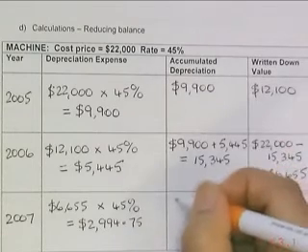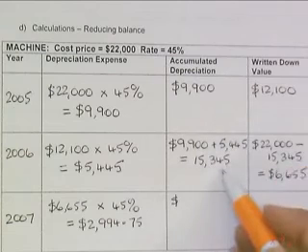Our accumulated depreciation we know was an amount of $15,345.